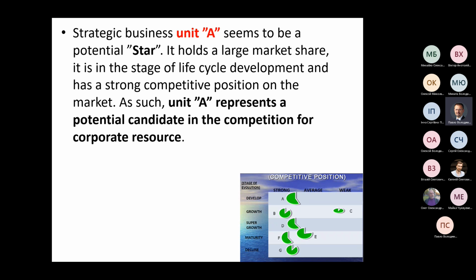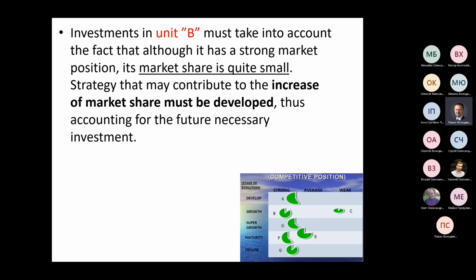So the general strategy for the strategical business unit A is to support it and hope for the best that it will reach the next stage, and then it will become a star in the lexics of BCG Matrix.